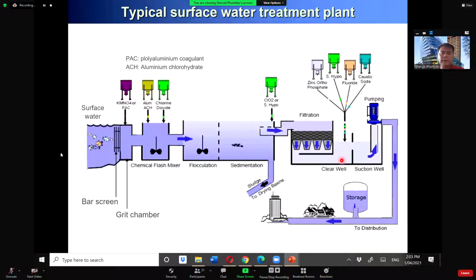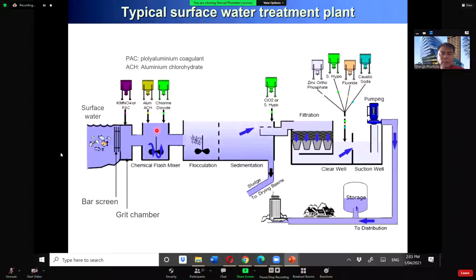So this one describes how surface water treatment is achieved. You have the surface water and a bar screen here, and this will prevent fish and larger particles from coming in. Then you have some chemicals being added, and even pH adjustment can be done here.